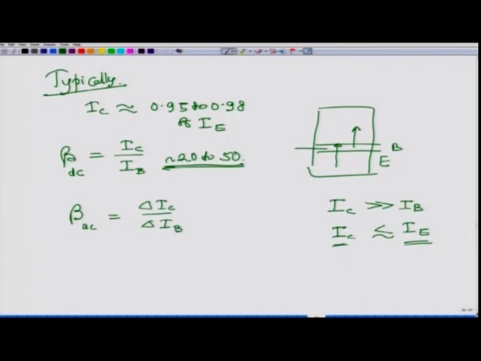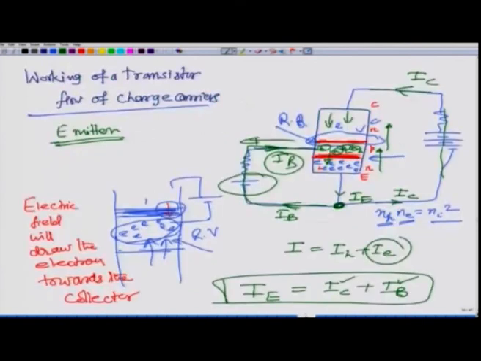Not much difference, in fact, beta AC and beta DC are roughly the same, and so one only talks of beta. So, this is how it works in this circuit, the kind of circuit that I have talked about.